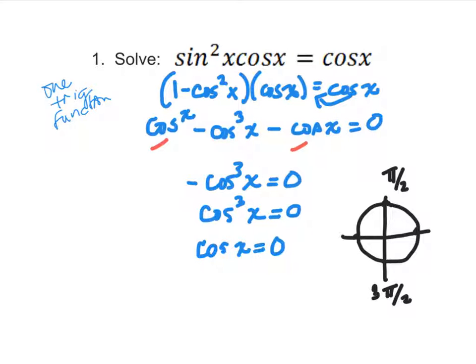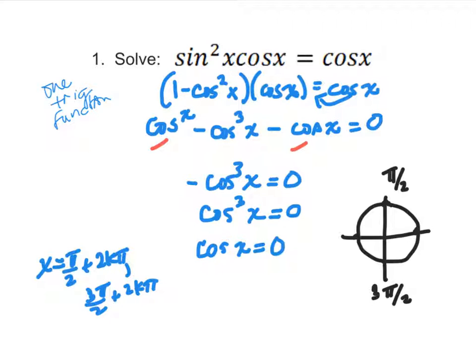And with this, we could certainly write what we're comfortable with. We could say that x is equal to pi over 2 plus 2k pi, because the period we know of cosine is 2 pi, and that x is equal to 3 pi over 2 plus 2k pi, because I didn't specify the interval that we were going to be working on.